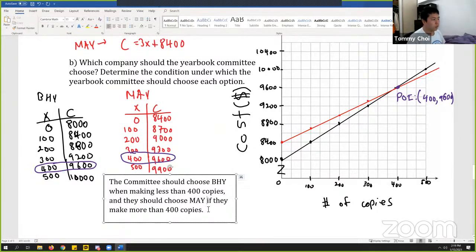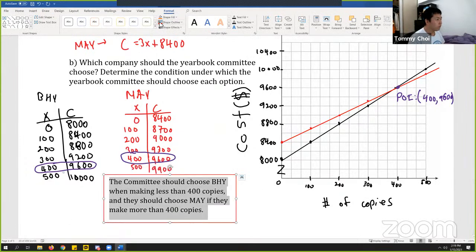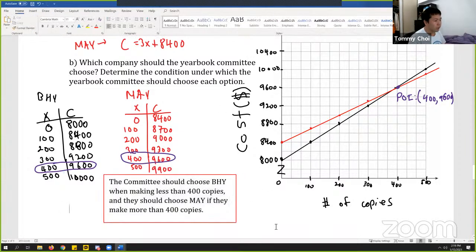There's your full answer. Okay, that's important right here, right? Understanding, yes, we know that the POI means that both companies are equal, right?